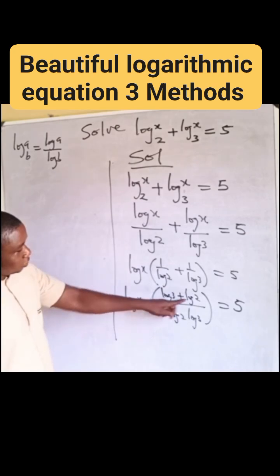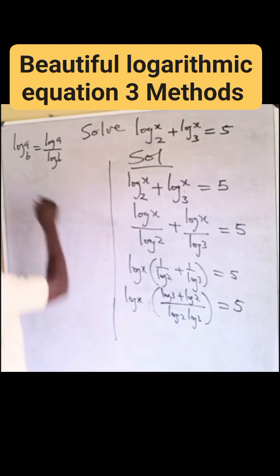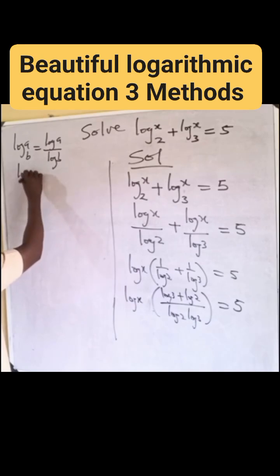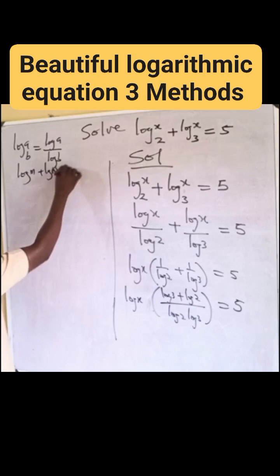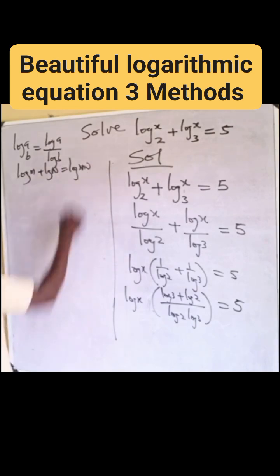So we know what this is by this law: if I apply log m plus log n, this will give us log mn.